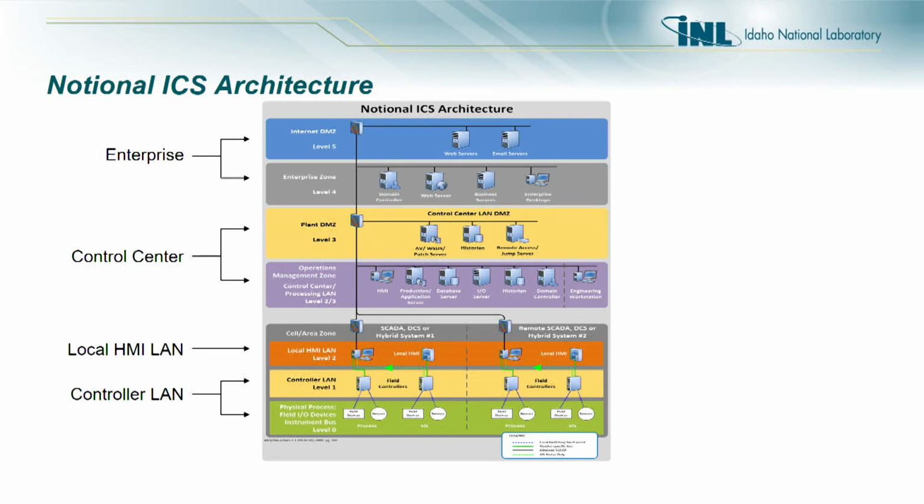So the 4 zones that we decided on were enterprise, control center processing LAN, local HMI LANs, and your controller field I/O devices. Most ICS engineers are probably more used to seeing an architecture that looks something like this: DMZs broken out, operational networks by themselves.